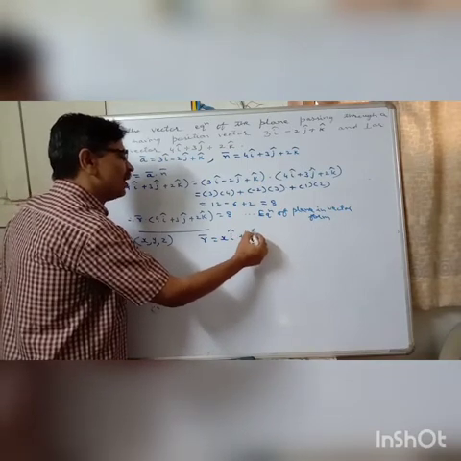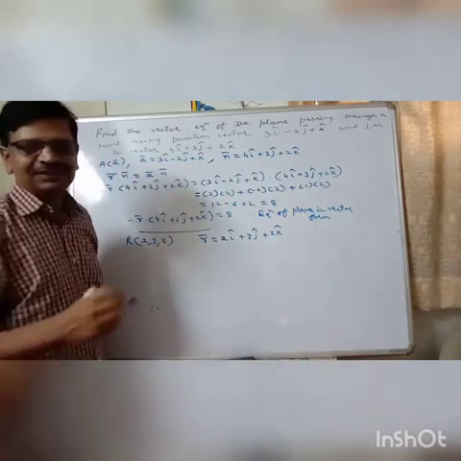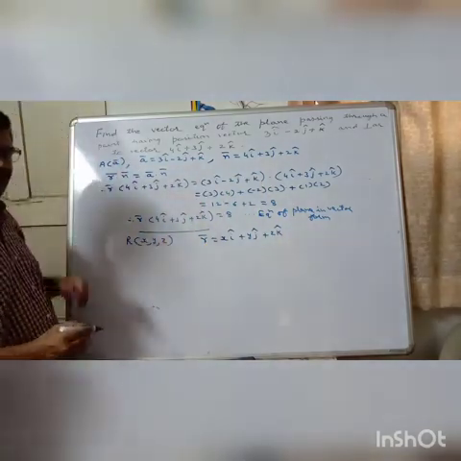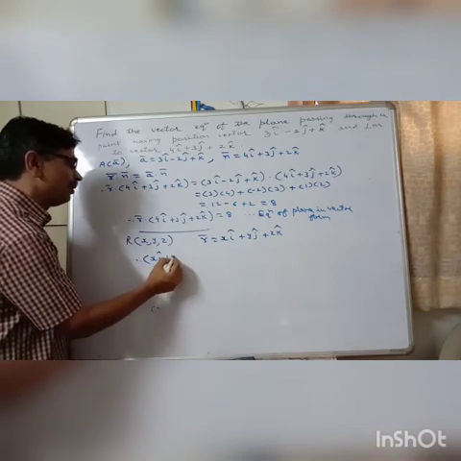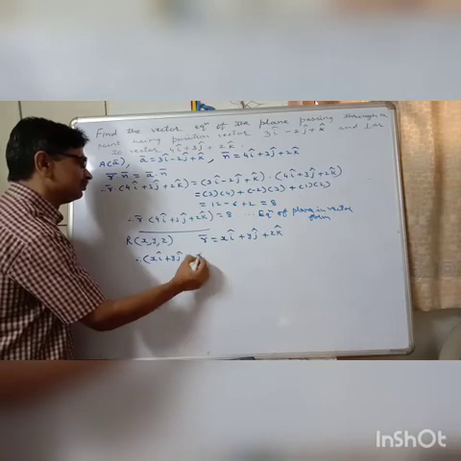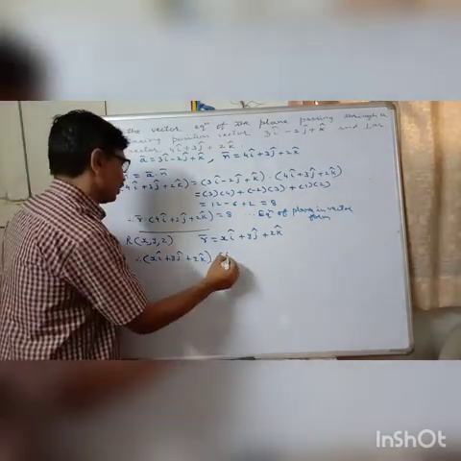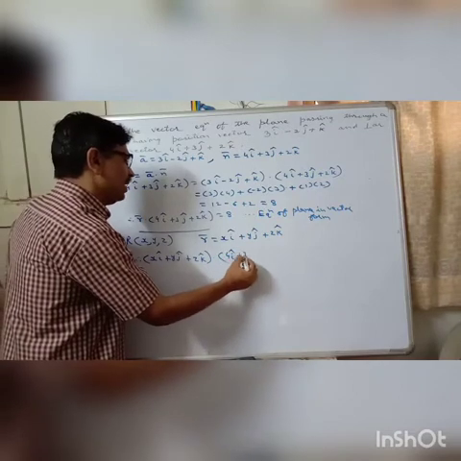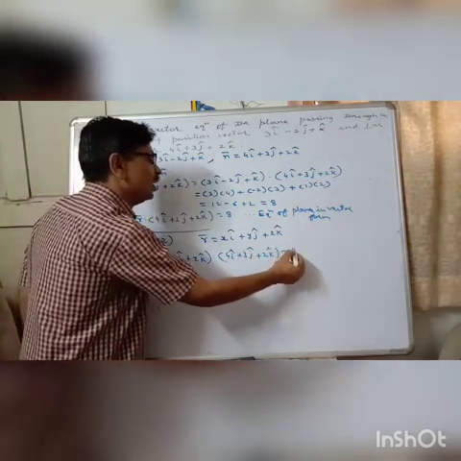So we get r bar equal to xi plus yj plus zk. Put this value here in one bracket, xi plus yj plus zk, dot in another bracket, 4i plus 3j plus 2k equal to 8.